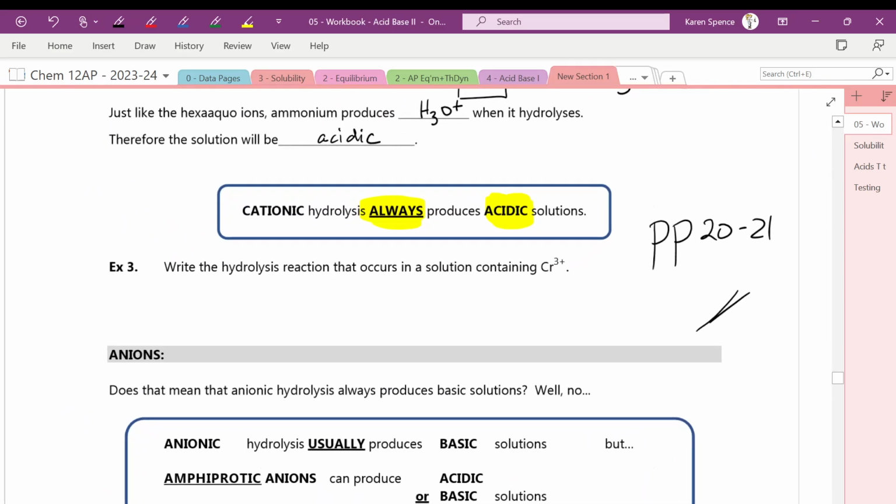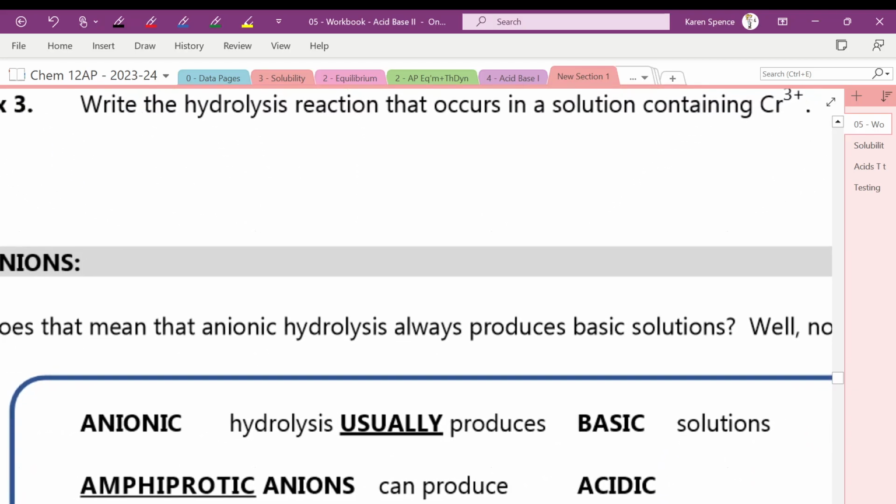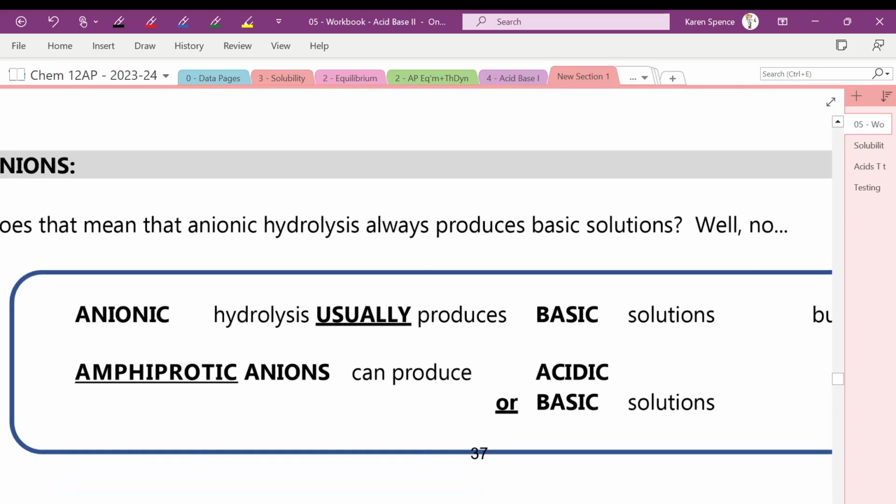You would think maybe that anionic hydrolysis always produces basic solution, but it's not true. Why not? Because some anions are amphiprotic. So anionic hydrolysis, this is page 37, usually produces basic solution. However, your amphiprotic ions can produce acidic or basic solution.